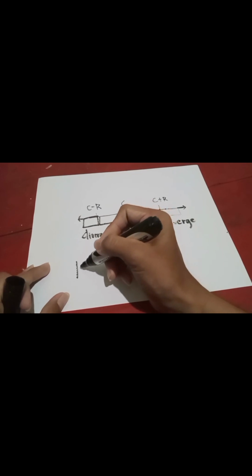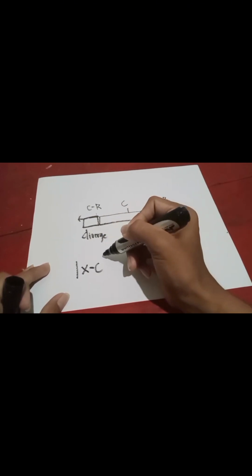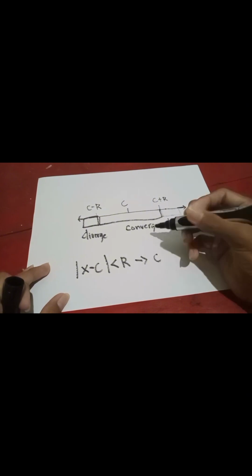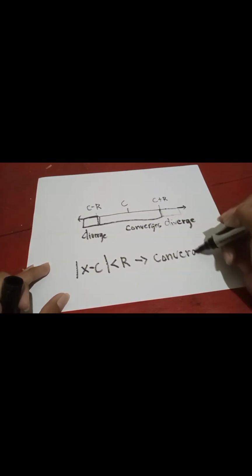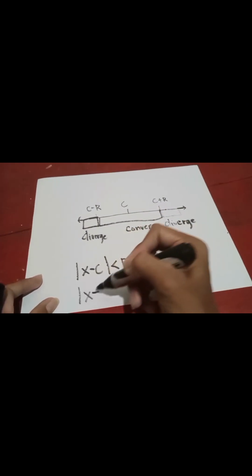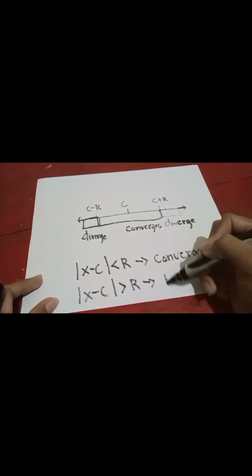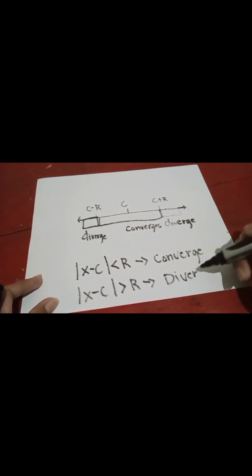Or in short, if the absolute value of x minus c is less than r, the series will converge. And if the absolute value of x minus c is greater than r, the series will diverge.